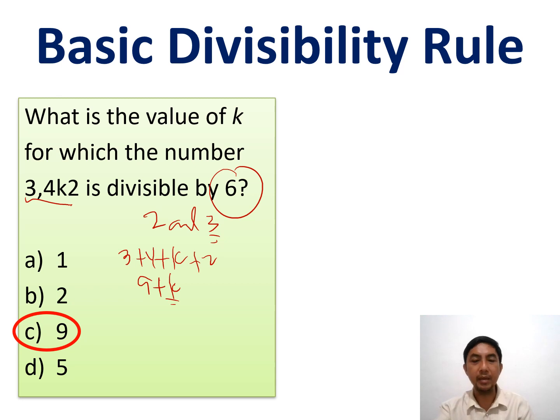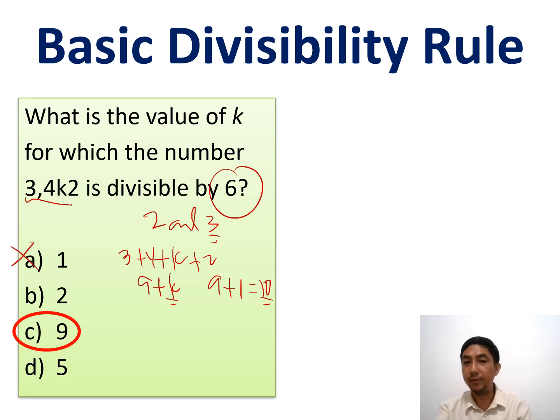So, ano kaya itong k na yan? If we substitute the choices to the variable k, so for example, 9 plus 1, because A is 1, we get 10. And 10 is not divisible by 3.